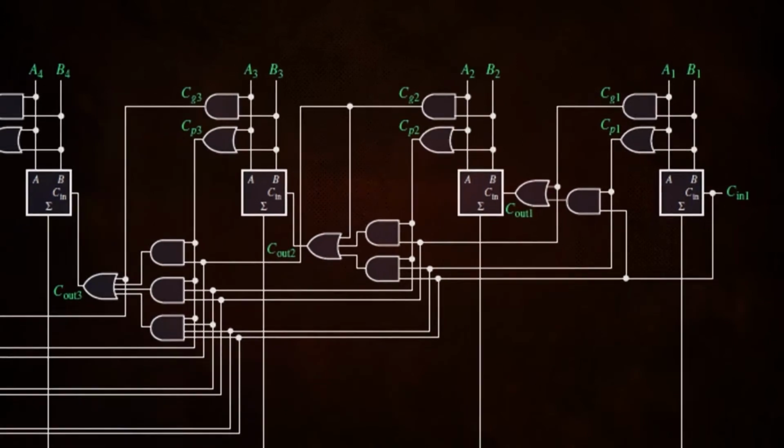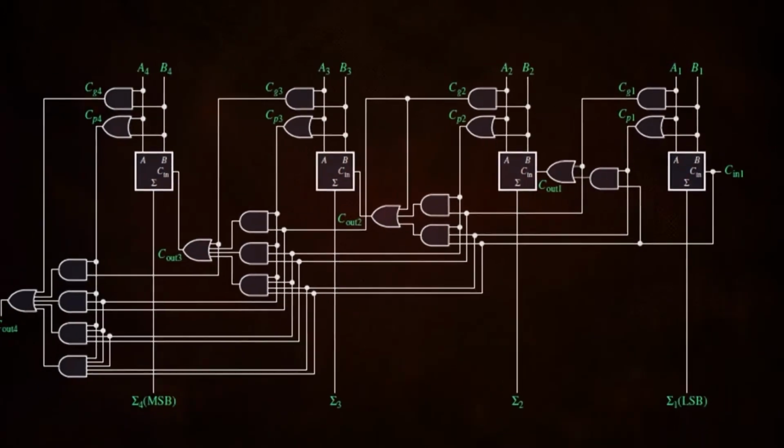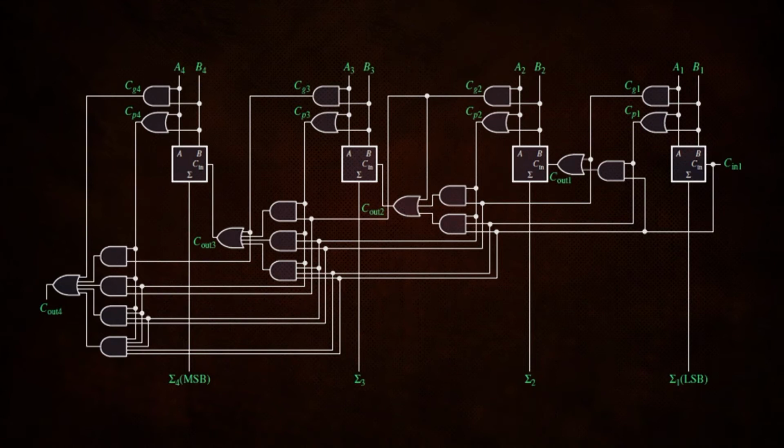And you know that the carry generated at each level is to be used for generating the carry in the next level. But all these are produced from Ai, Bi values, and hence no need of waiting for a carry to ripple through.